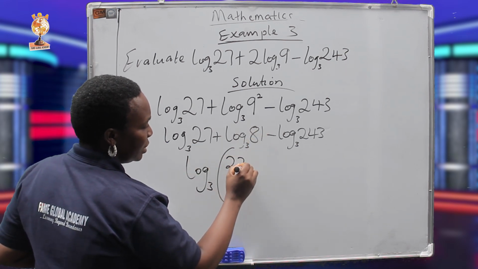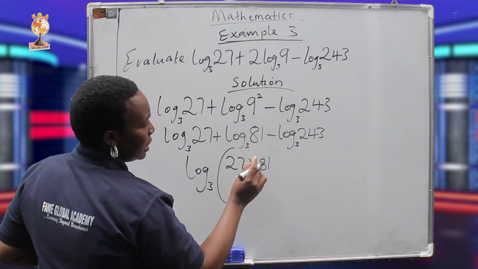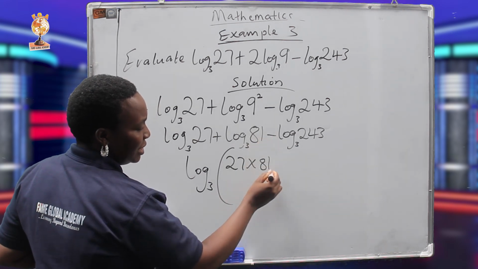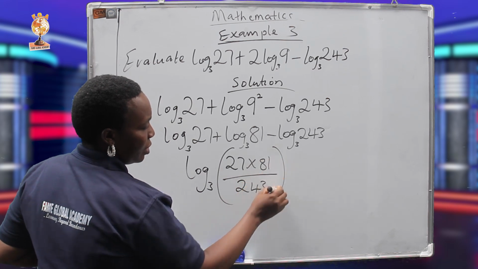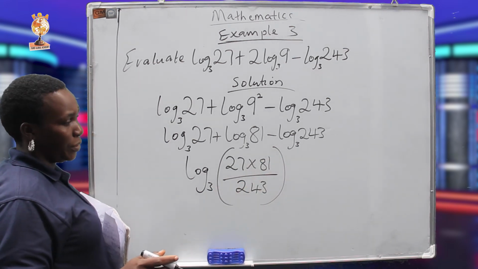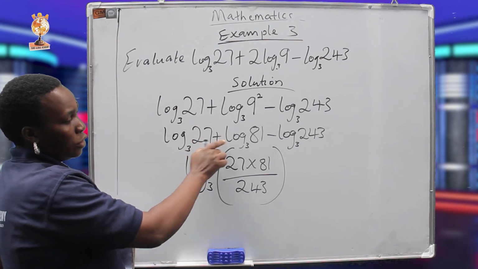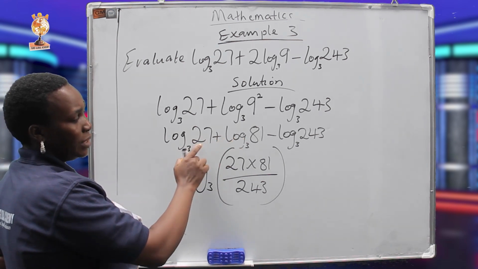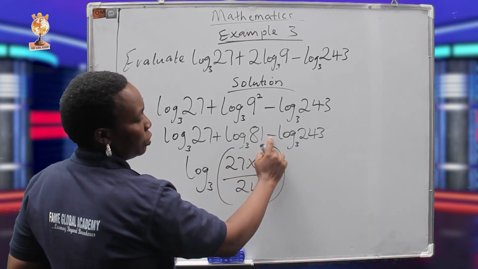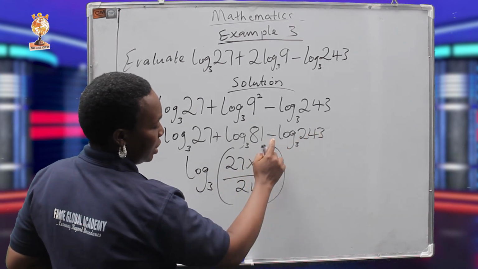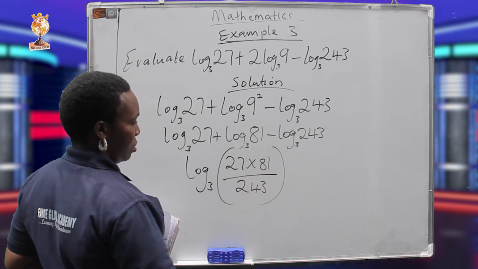So you have 27 times 81. Then subtraction means divide by what? 243. I believe you understand what I'm doing, okay? This is the addition law. The addition law says multiply the two numbers, and that's what we did here. And this is subtraction. Subtraction means divide. So that's what we divided with this number.